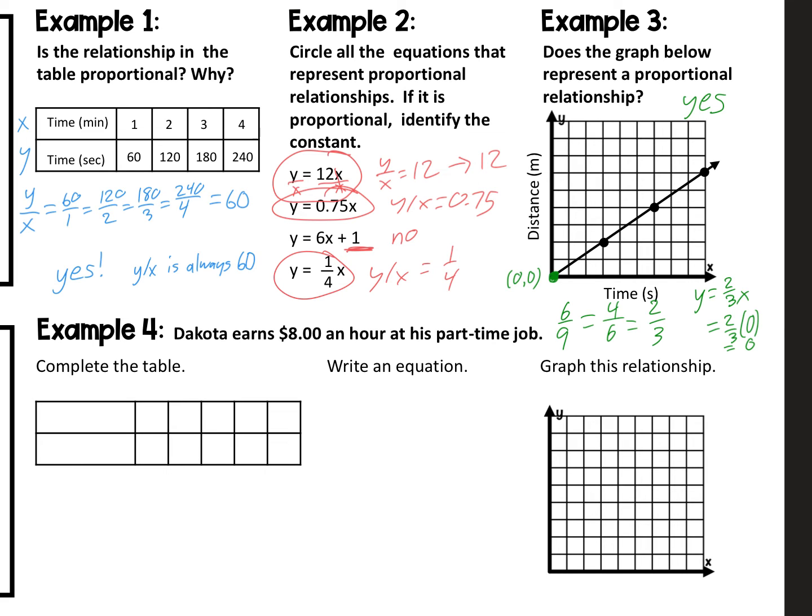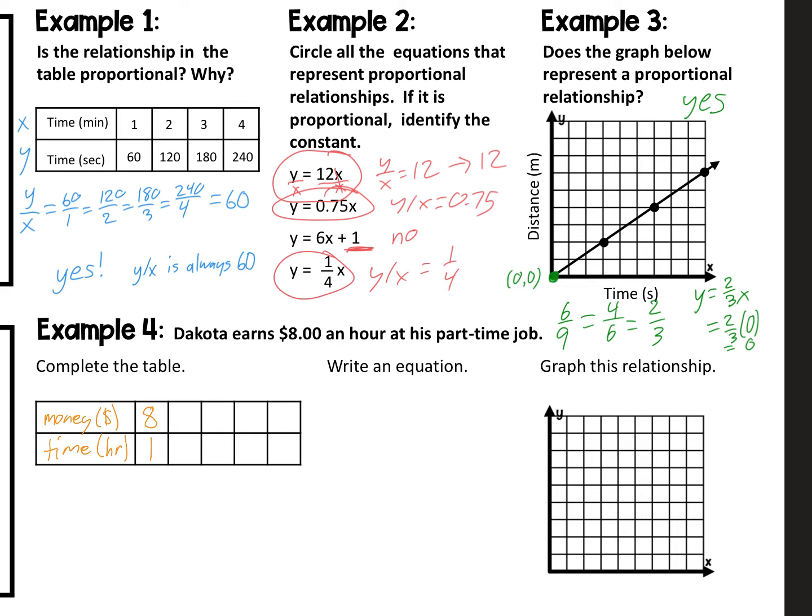Now, let's look at example 4. Dakota earns $8 an hour at his part-time job. Remember, we have y over x, so $8 over 1 hour, which means the dollar amount earned is your y value and your time in hours is your x value.